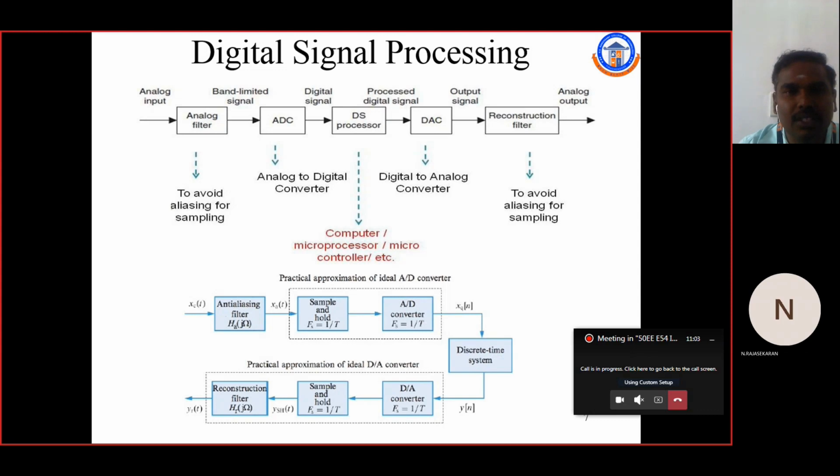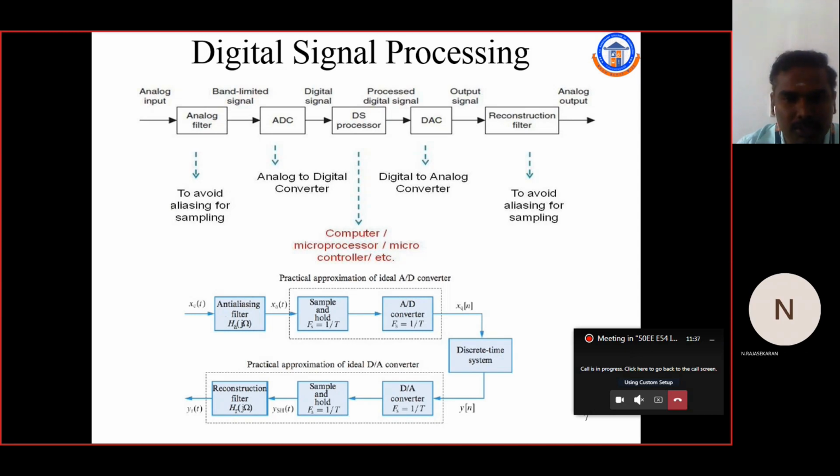Then we give the digital signal to the digital signal processor, which may be a computer, microprocessor or microcontroller. Again it is given to the DAC, the digital to analog converter, and then to the output signal. Then a reconstruction filter is used to avoid aliasing from the sampling effect. Then the same analog output is given to the system.